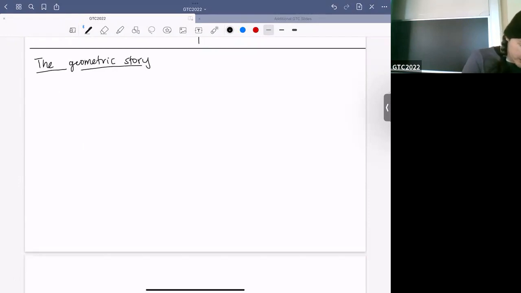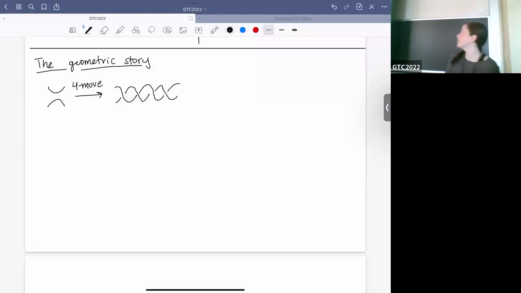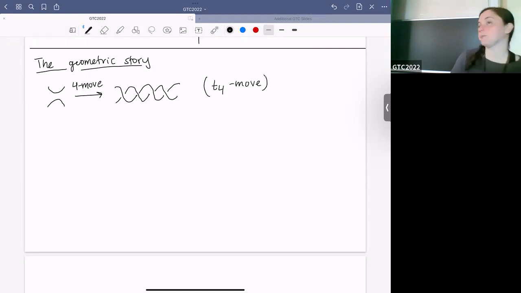So I'm going to tell you something about the 4-move conjecture. The 4-move conjecture is based on the following. I take 2 strands of my knot, and a 4-move is something like this. I'm just going to add 4 half twists. 1, 2, 3, 4. And maybe in my earlier notation in terms of the T2K invariant, this might be a T4 move.